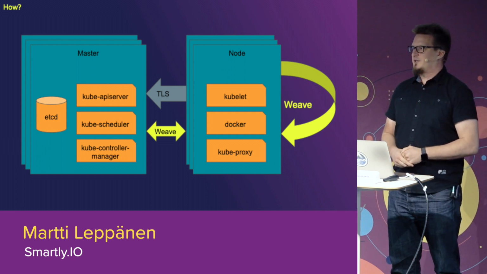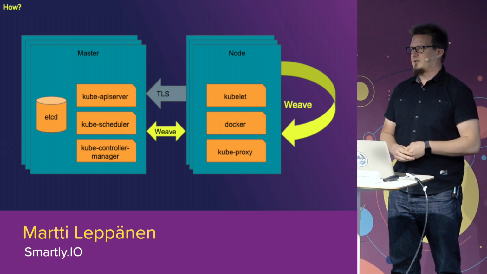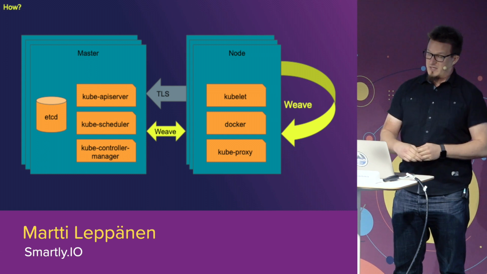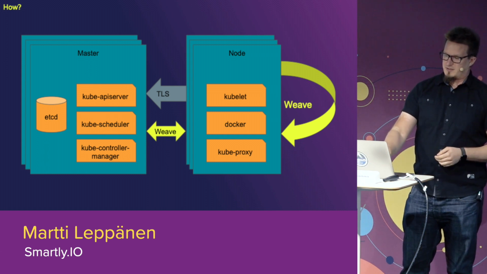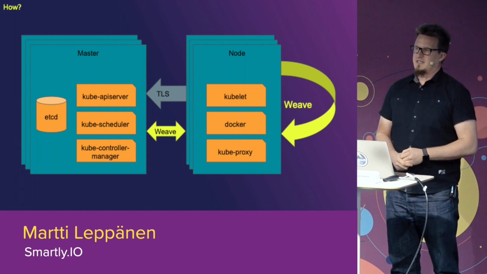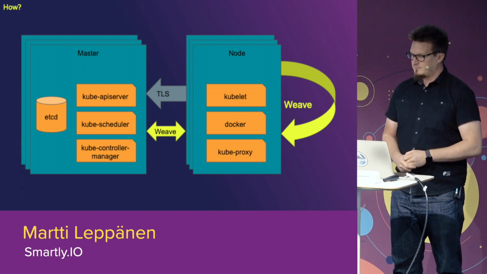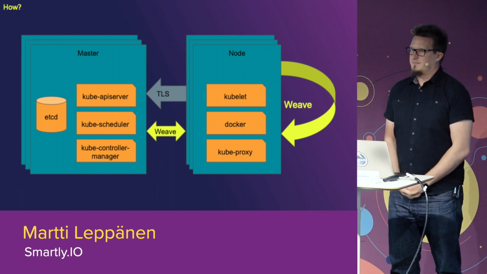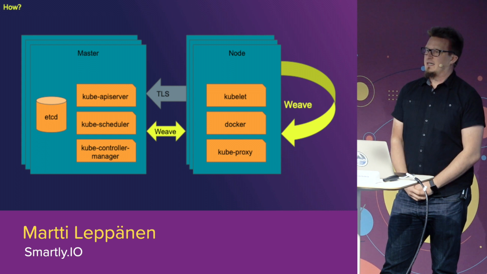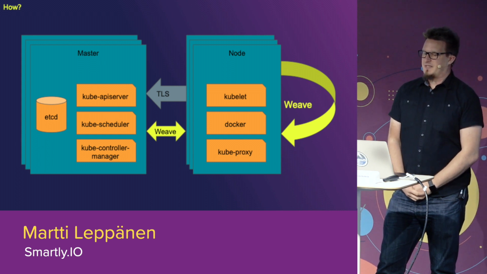The nodes need to be able to communicate with each other. There's a lot of applications running on top of Kubernetes. And for this, what I'm going to be talking about, we're using Weave. Weave is basically a program that acts as an interface for mostly IPsec/ESP.